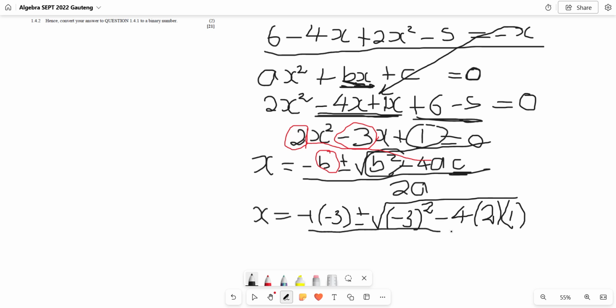Then everything else all divided by 2 into 2. Then x is equal to. Let us see those values of x.